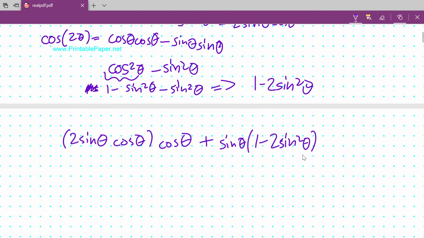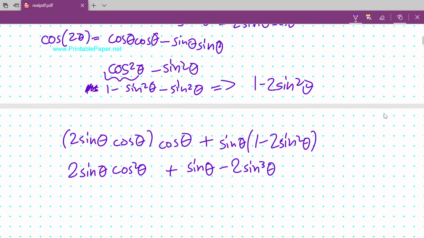And how would we do this? Well, we have 2 sine theta cos theta, plus sine theta times 1 minus 2 sine squared theta. So of course this side becomes 2 sine theta cos squared theta, plus sine theta minus 2 sine cubed theta, because it's sine squared theta times sine theta.